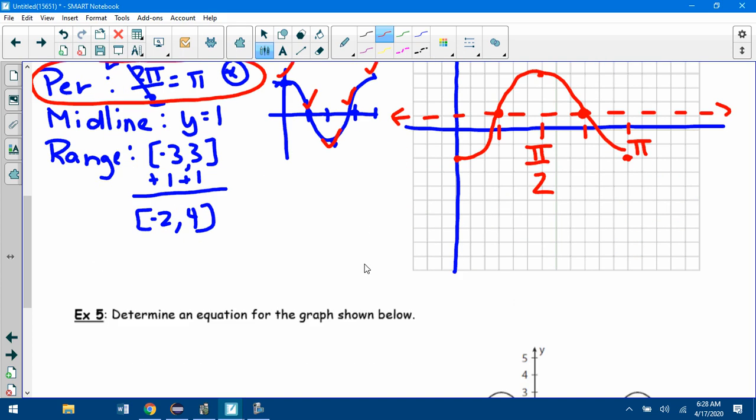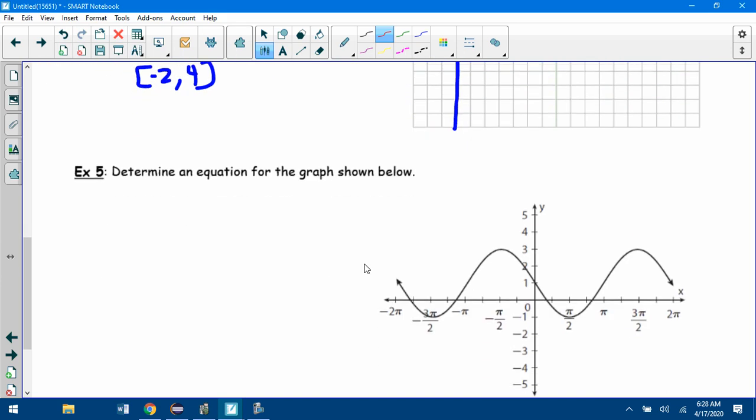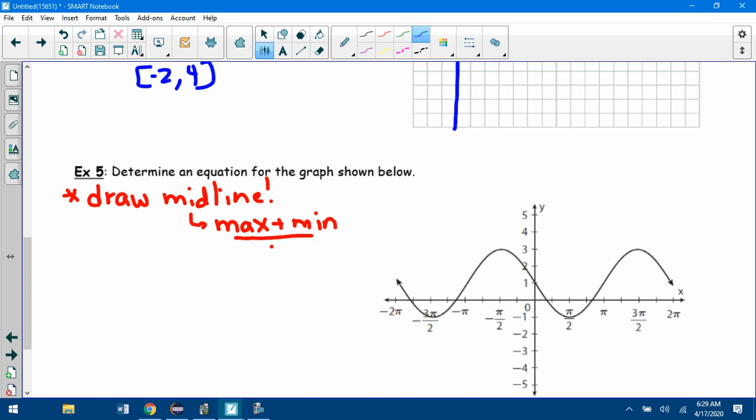All right. Let's do an equation. Determine an equation for the graph below. Like I've been saying all day with the graphs, draw the midline. Now you might be able to eyeball where the midline is here. If you can't, remember you can always do the average. So instead of max minus min divided by 2, it's max plus min divided by 2.